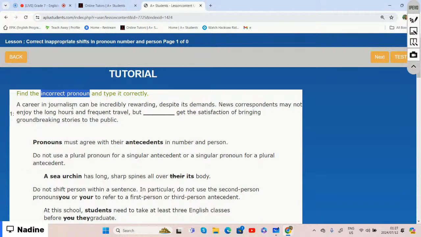It says a career in journalism can be incredibly rewarding despite its demands. News correspondents may not enjoy the long hours and frequent travel, but get the satisfaction of bringing groundbreaking stories to the public.